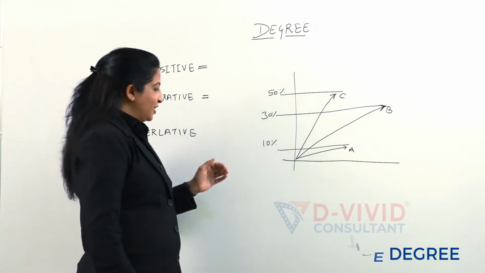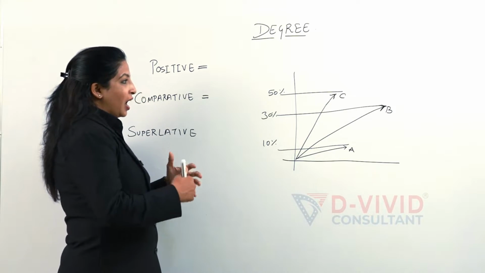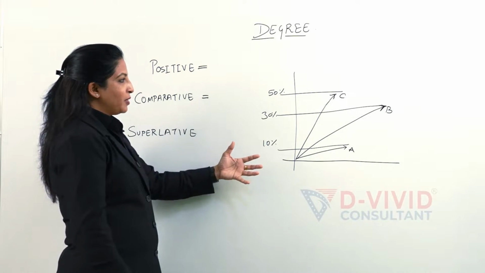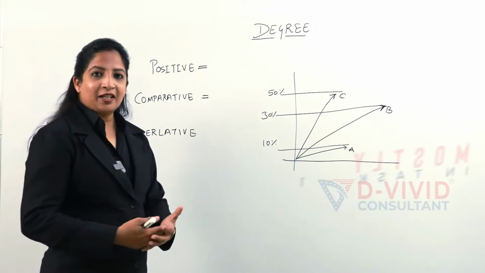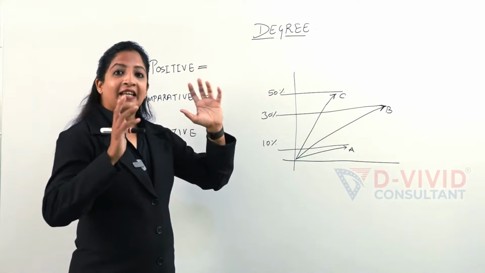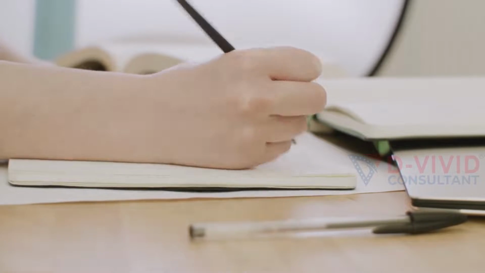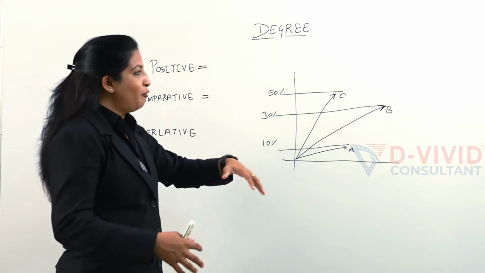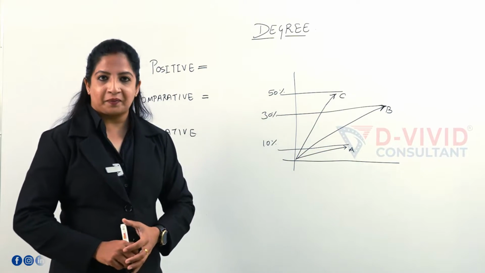Absolutely correct, the superlative degree. So now you would know that when you develop comparison in your content, mostly in Task 1, you should be very careful in picking the degree, which degree you are picking and how many nouns or categories you are comparing.